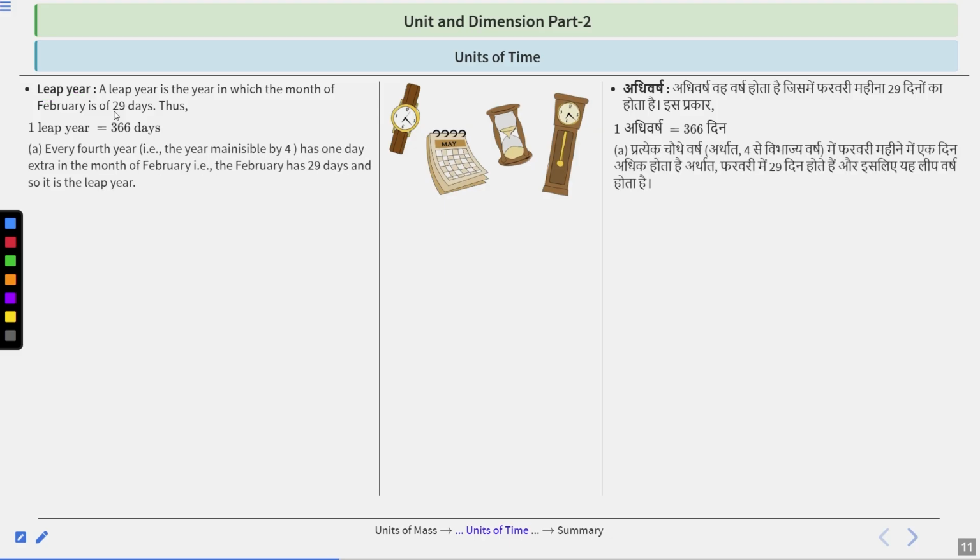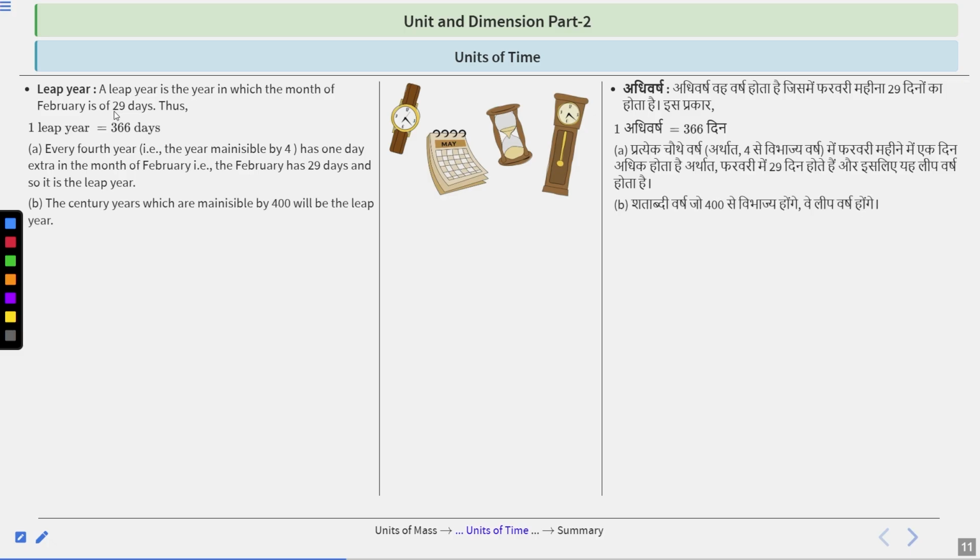Every fourth year, as I have told you, the year divisible by 4 has one day extra in the month of February. Therefore, February has 29 days, and so it is the leap year that we call it.